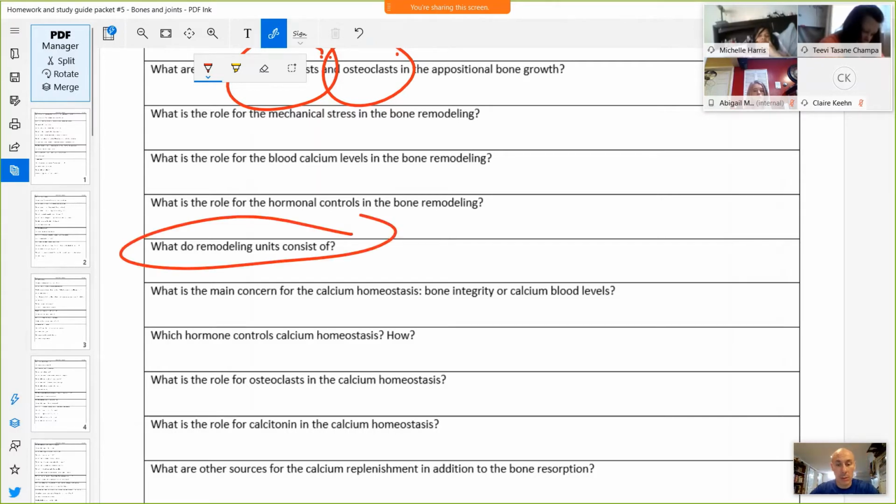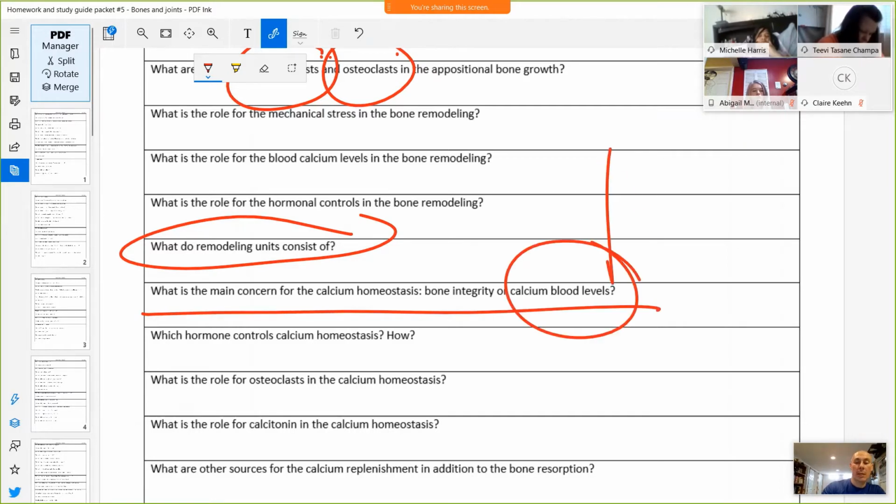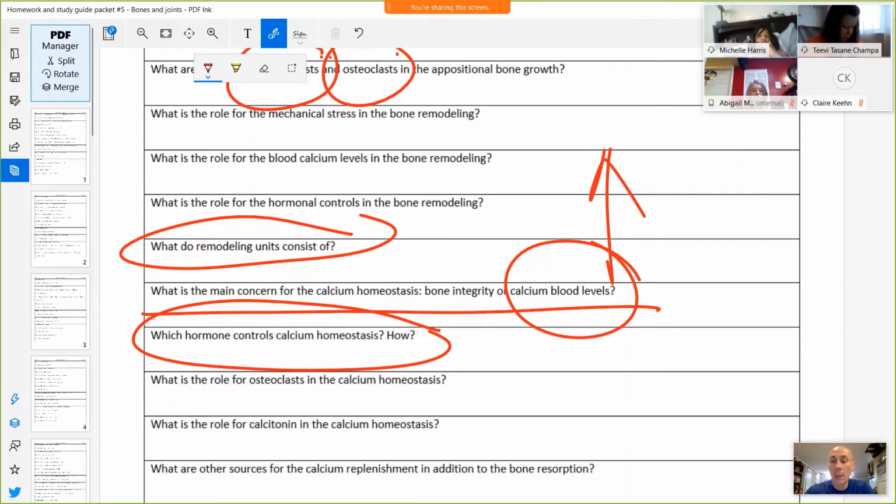For calcium homeostasis, calcium blood levels are of the utmost importance. The hormone that controls calcium homeostasis is parathyroid hormone. So here's how it works. Imagine that your blood calcium goes down. That stimulates the release of parathyroid hormone from the parathyroid gland.